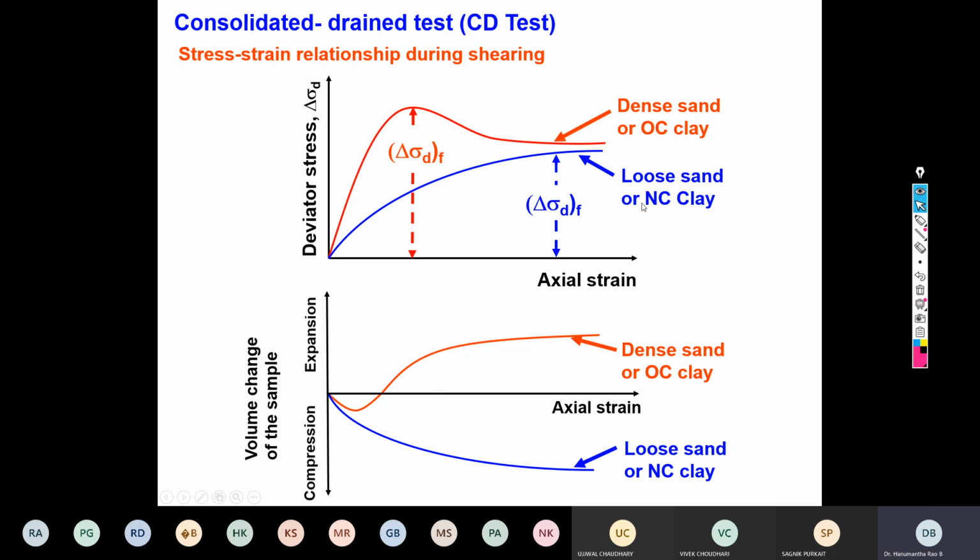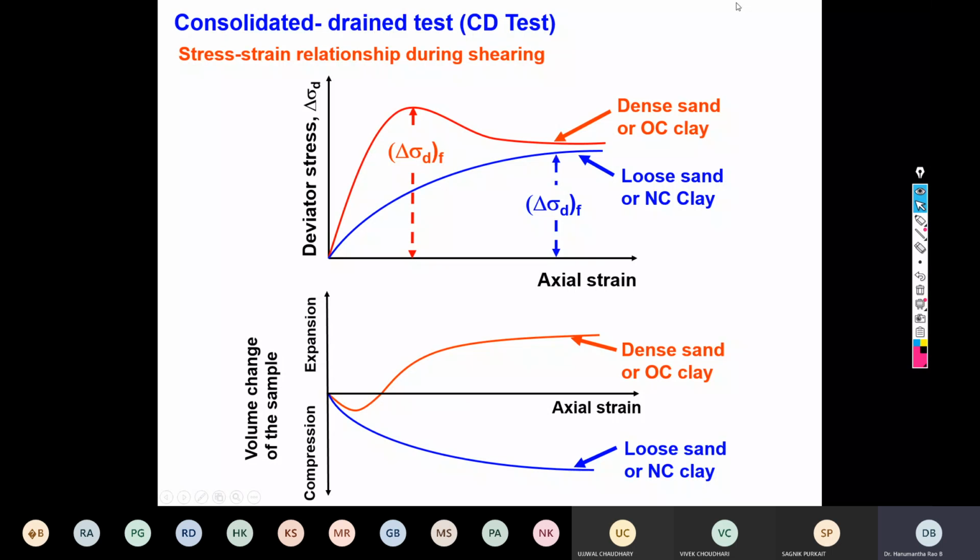When you do triaxial testing on loose or NC sand, enough voids are available for soil particles to readjust themselves. But when you conduct the same test on dense sand or over consolidated clay, the sample has been fully consolidated or densified to its maximum possible state. No more consolidation or packing is possible.